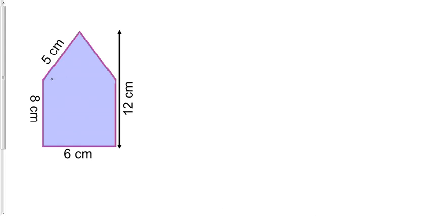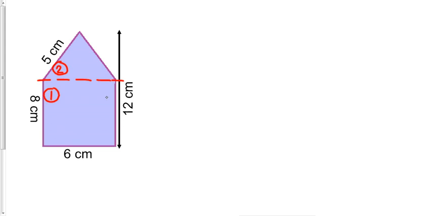It's defined as a rectangle, and on top of that rectangle is an isosceles triangle. It's important, as you'll find in a minute, that it's an isosceles for working out the perimeter of the shape. So what I'm going to do is split it across the middle to give me a rectangle on the bottom, which I'll call shape number 1, and a triangle on the top, which I will call shape number 2.